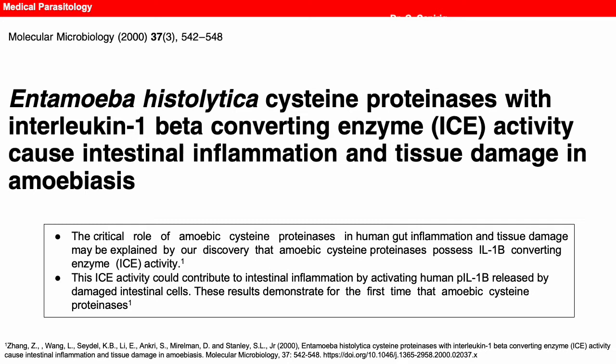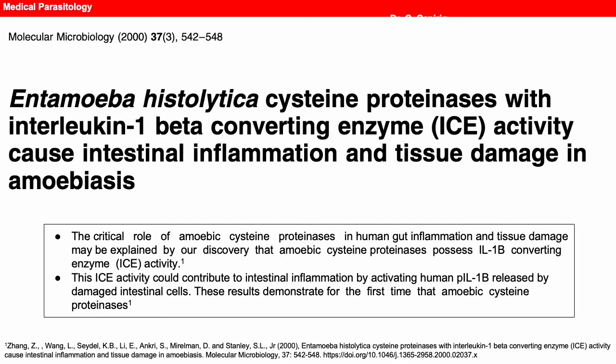The cysteine proteinases of Entamoeba histolytica promote gut inflammation, or gastrointestinal tract inflammation, and tissue damage. They can cause erosions of the intestinal lining when we ingest Entamoeba histolytica.